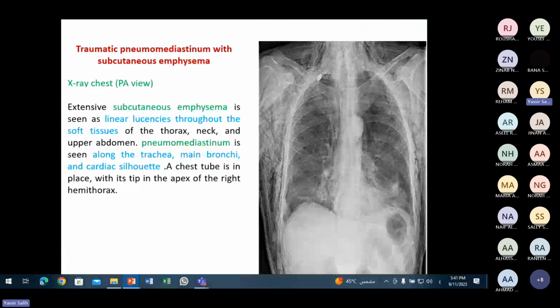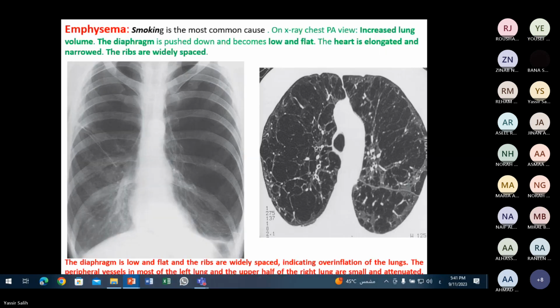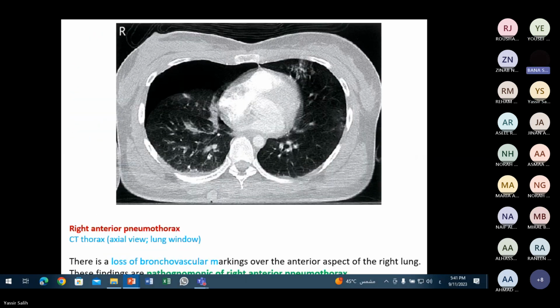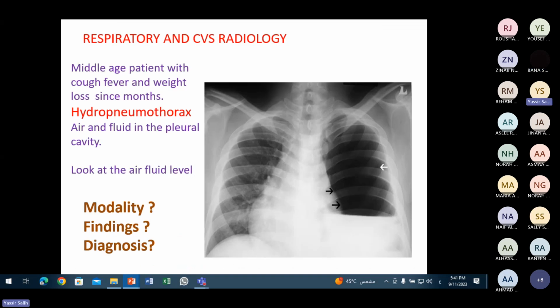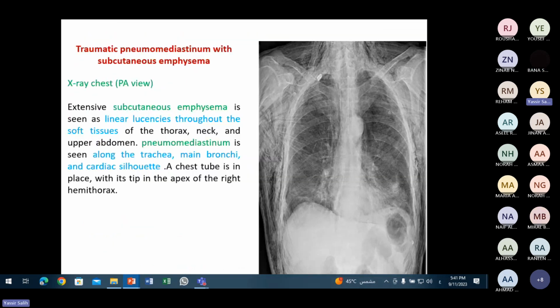Yes. I was going to say subcutaneous emphysema. Yes. What are the signs of subcutaneous emphysema that you see? Why is there subcutaneous emphysema? What sign do you see to confirm your diagnosis?